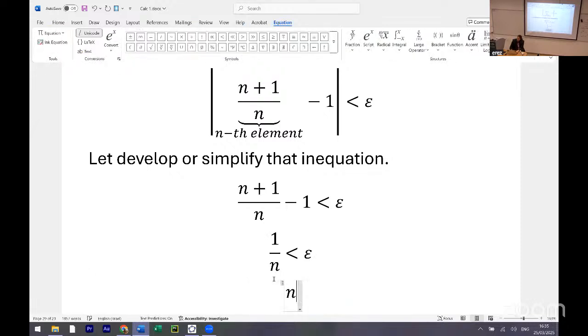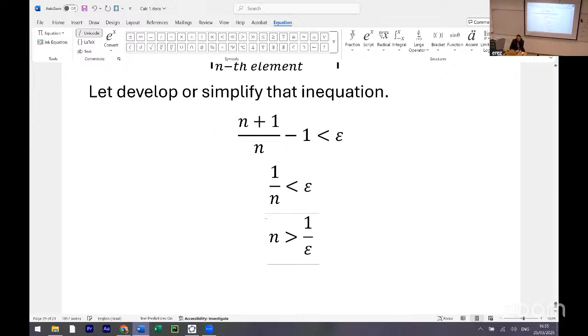So n ought to be larger than 1 over epsilon. Does that make sense to you? What happens if epsilon, the radius, is quite small? Say epsilon is 0.001. So what would 1 over epsilon be?